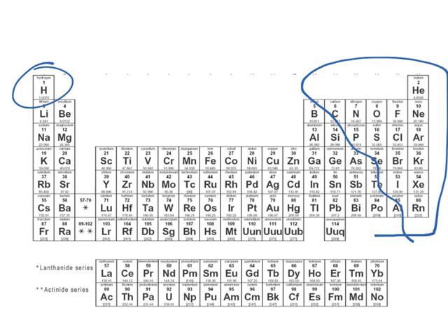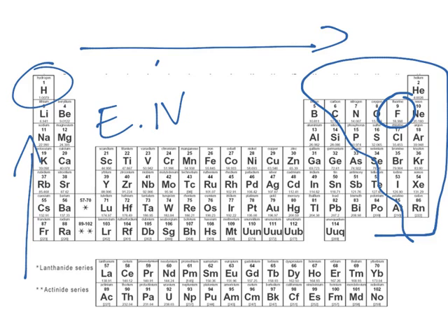Now, when we think of electronegativity, again, EN, if you're having a bond between two nonmetals, the electronegativity is pretty high, considering fluorine has the highest electronegativity, and it goes up like this. That's our trend, increasing to the right.